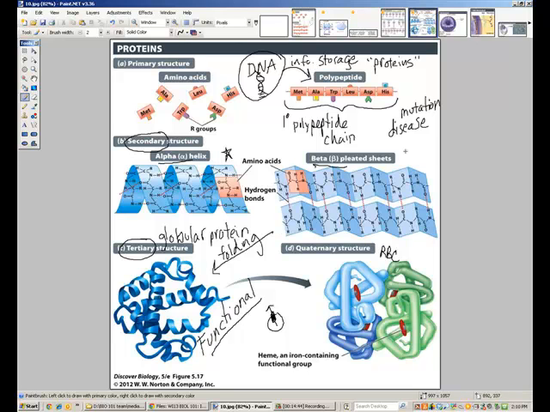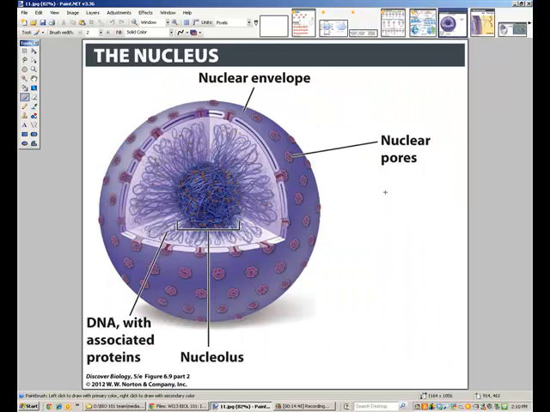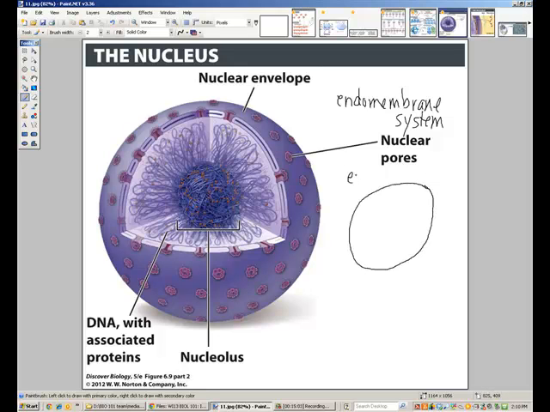Okay, so let's take a look at what that looks like within a cell. So let's go through what we call the endomembrane system. The endomembrane system really is a system within eukaryotic cells, and that's because eukaryotic cells are the ones with membrane-bound organelles.